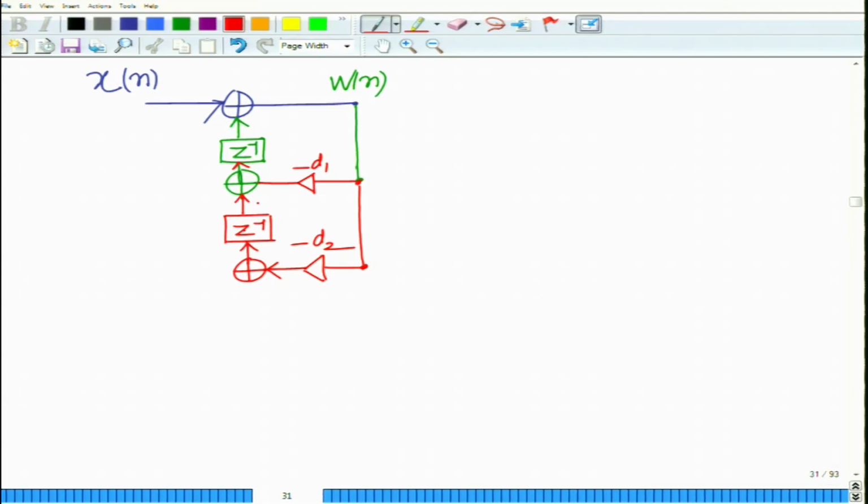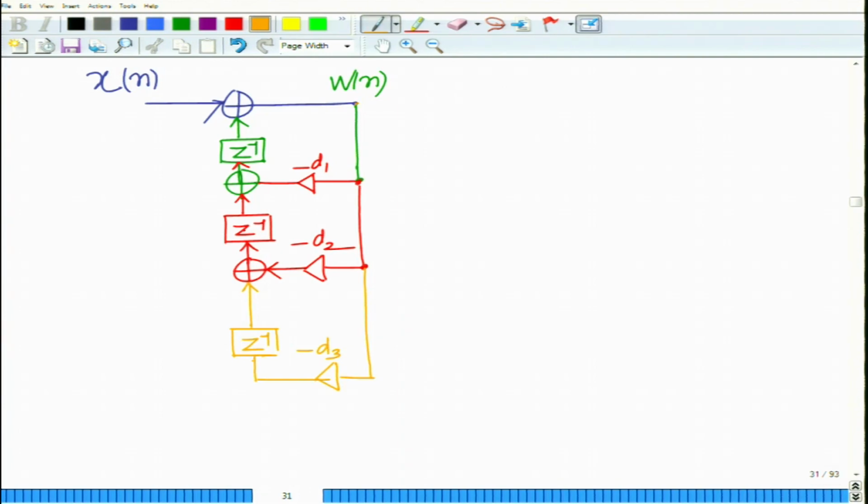And finally, we will have another adder, a delay, and here of course there will be another gain, minus d3.